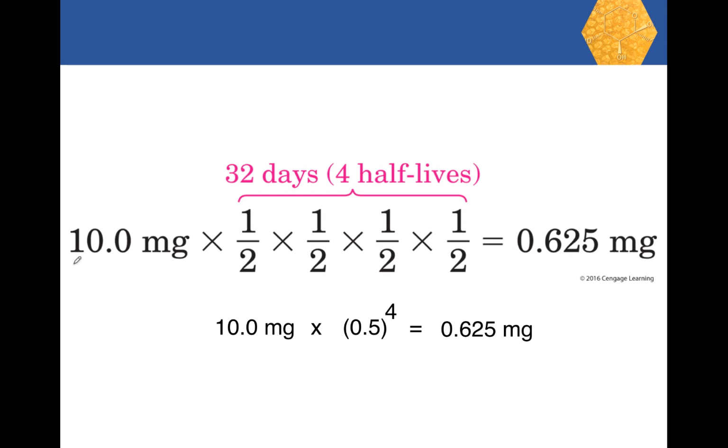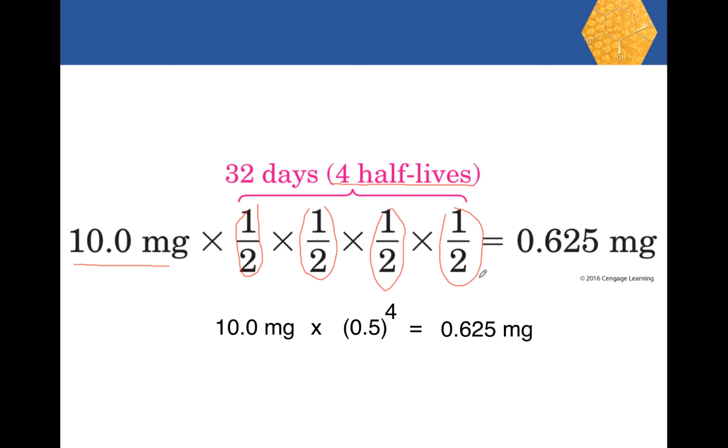Let us see how we can use that in calculations. If you have 10 grams of a sample and you want to determine how much is left after 4 half-lives, this is 1 half-life, 2, 3, and 4 half-lives. So you can multiply this out times 10.